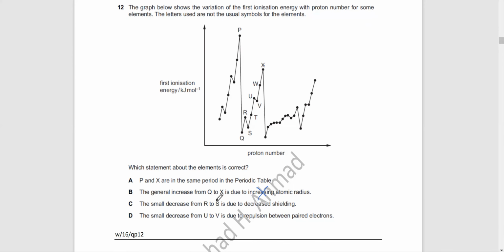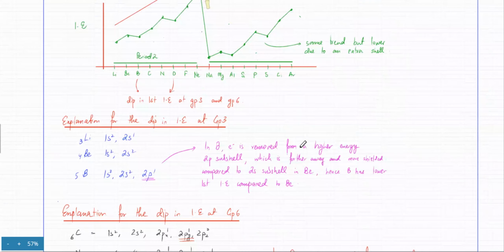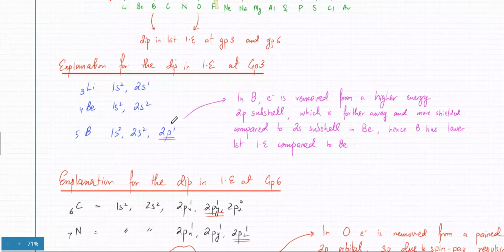The small decrease from R to S is due to the decreased shielding. So why was there a dip at group 2? Because that was the first electron in the new subshell, so it was easier to remove. Because it was further away and more shielded as well.